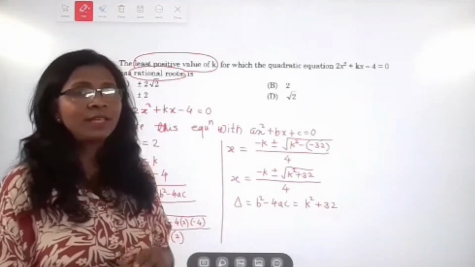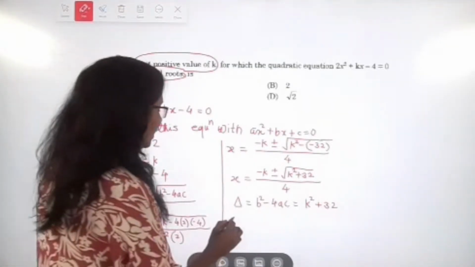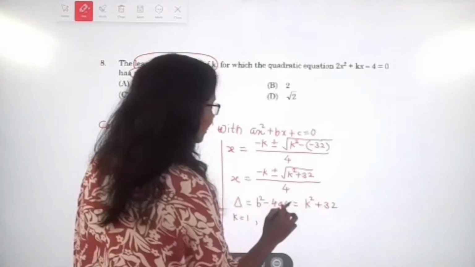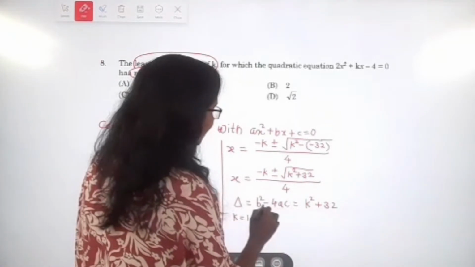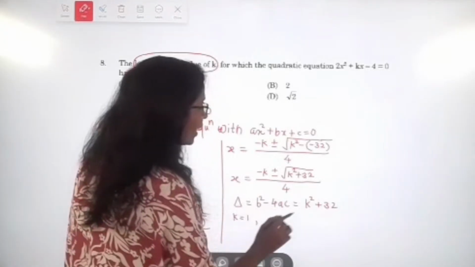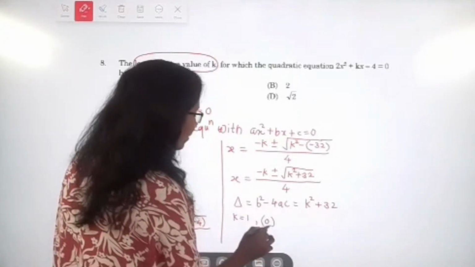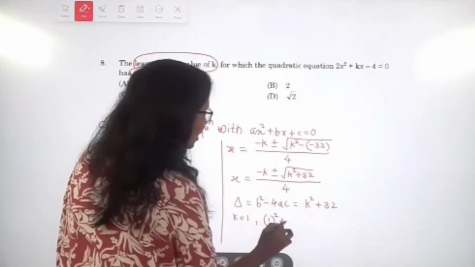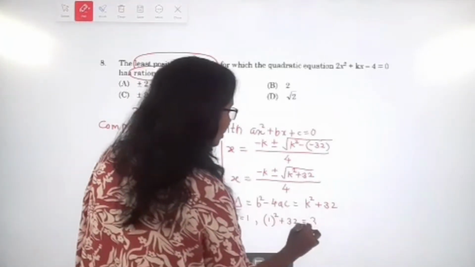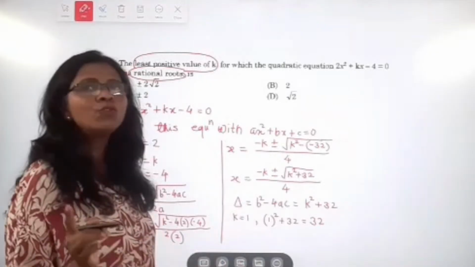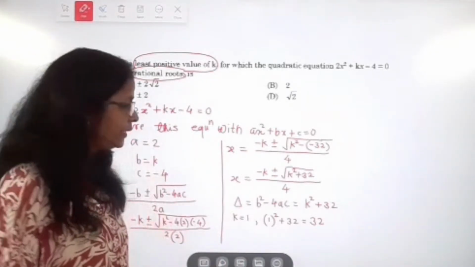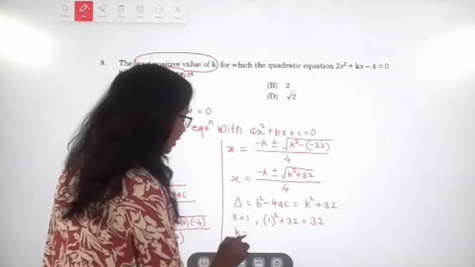Starting from 1, if k is equal to 1, the discriminant b square minus 4ac will be square of 1 plus 32, that is 33. But 33 is not a perfect square. Then k is equal to 2.